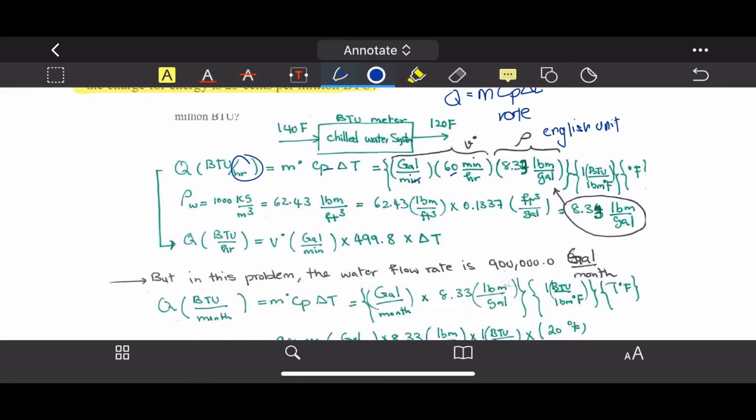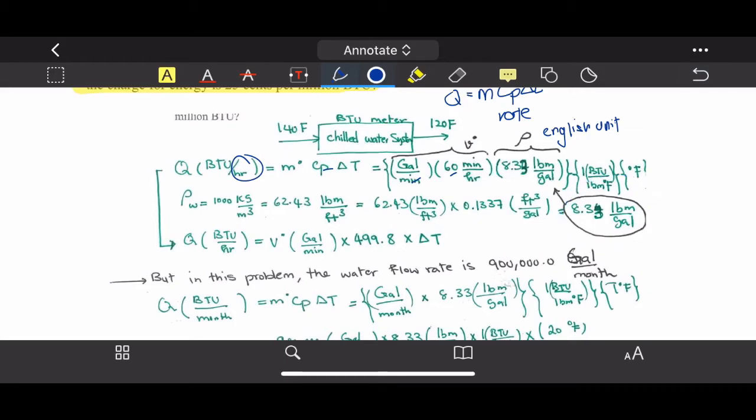Feet cube is just like meter cube. Meter cube can change to liter, feet cube can change into gallon. To change that, 62.43 times 0.1337 feet cube for every 1 gallon. That is the conversion for gallon and feet cube, and you will get 8.33.